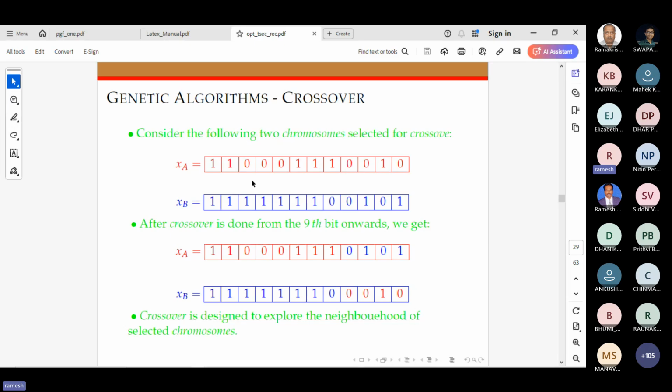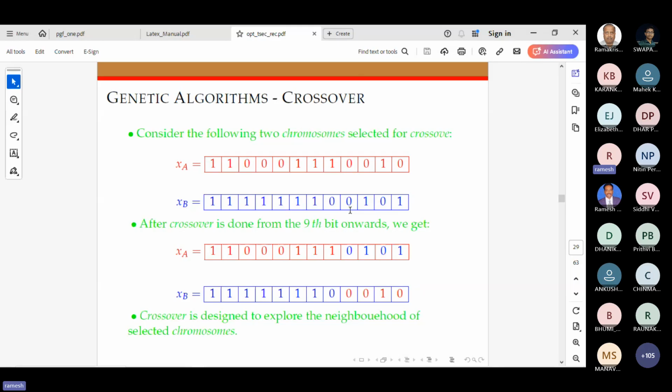That will give us the position of the bit from where we need to do crossover. So for example, in this example, crossover is done from this bit onward. So the last 4 bits are crossed over. These two members of the initial population are selected for crossover.